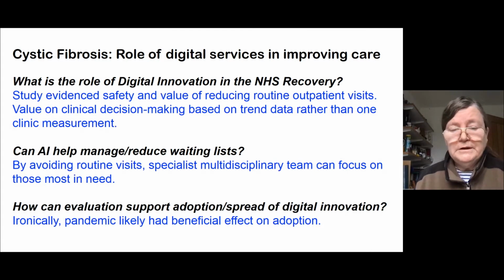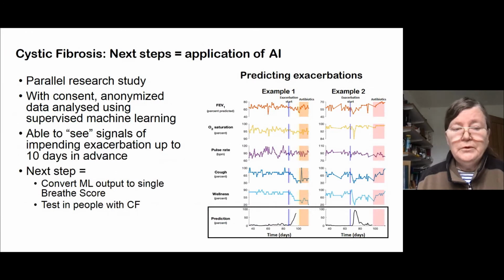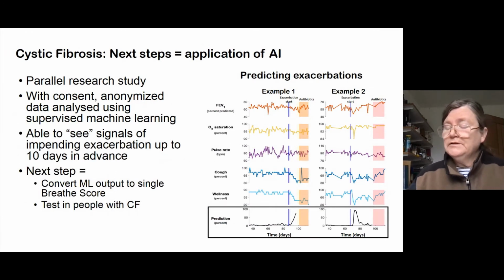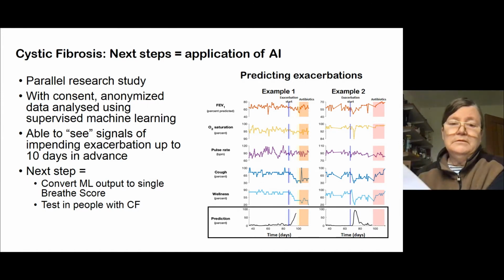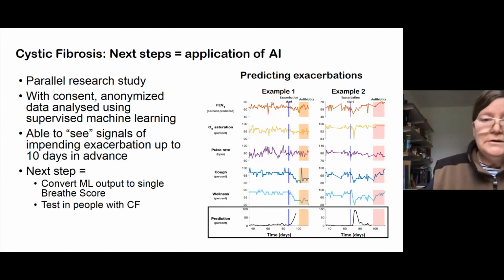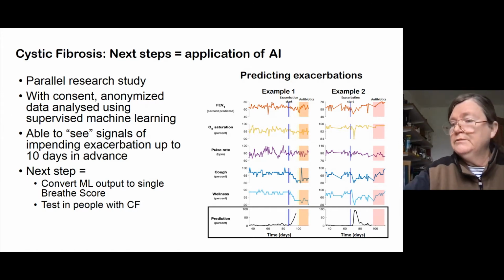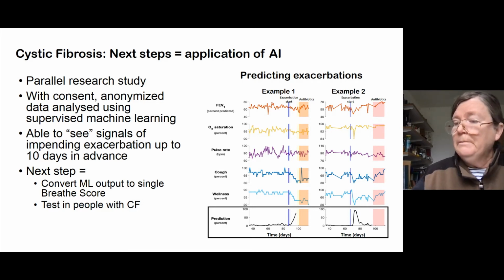So we're moving forward from this to start to analyse the data by AI. This has been done in an anonymised fashion, and I'll show you some of the data that's coming through here. You can see that each individual measurement is very noisy. So we're measuring lung function and all the parameters.